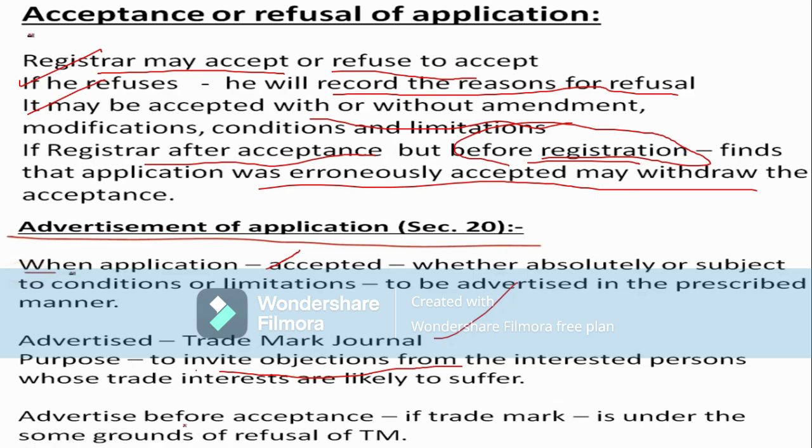Then, advertisement before acceptance. Advertisement before acceptance applies if the trademark falls under some grounds of refusal. What does this mean? After acceptance and granting of the trademark, we can't do anything.